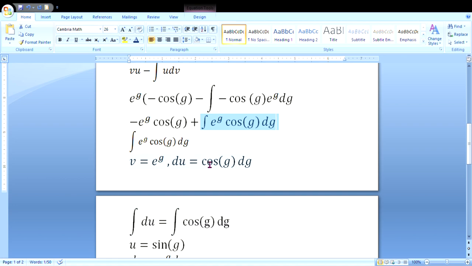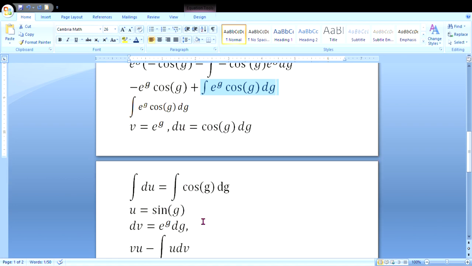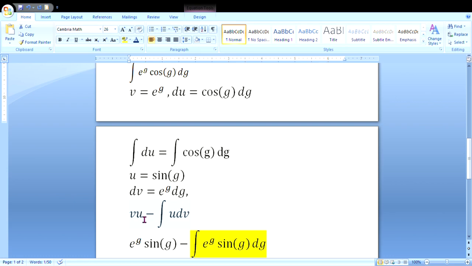Then if we integrate cos g, the answer is sine g, and our du is always exponential g dg. Substituting again, we have uv minus the integral of v du.